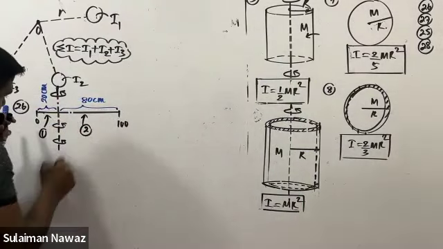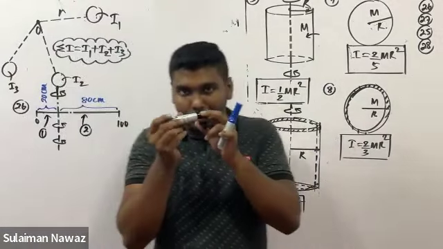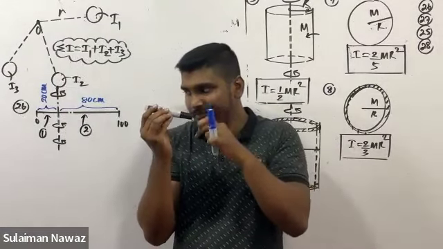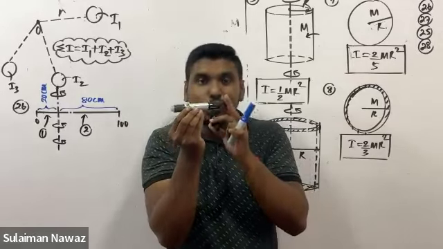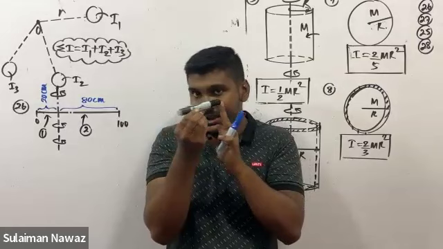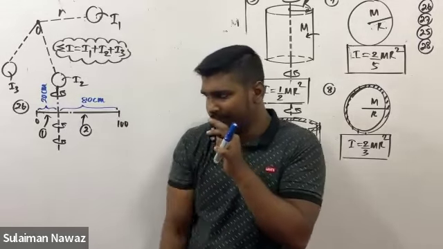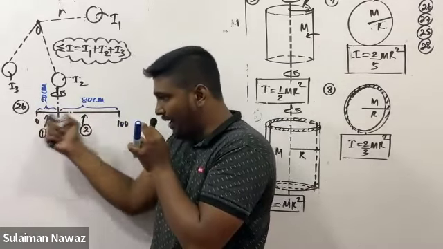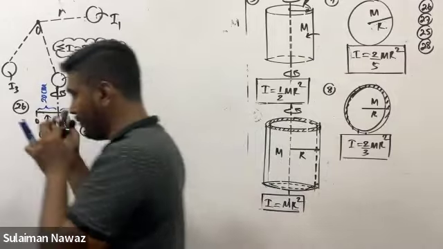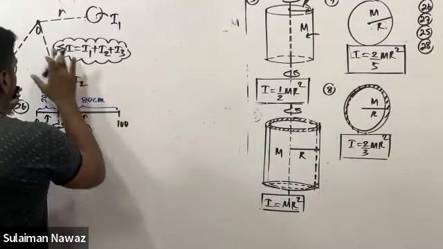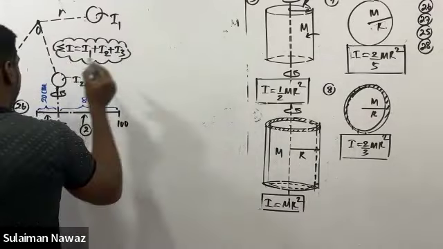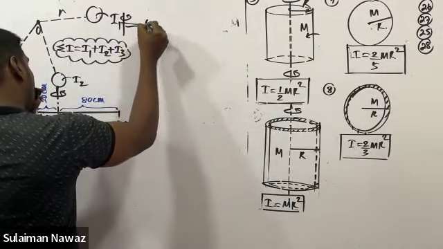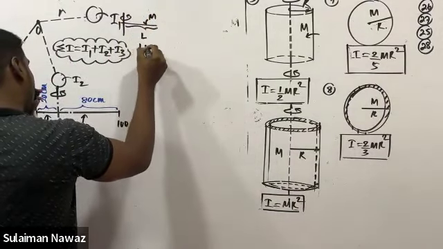If you break it into two parts, then each is like the rotation of a rod with the axis passing through its end. For a rod with the axis through one end, the equation we learned is 1 over 3 ML squared, where the length is L and the mass is capital M.